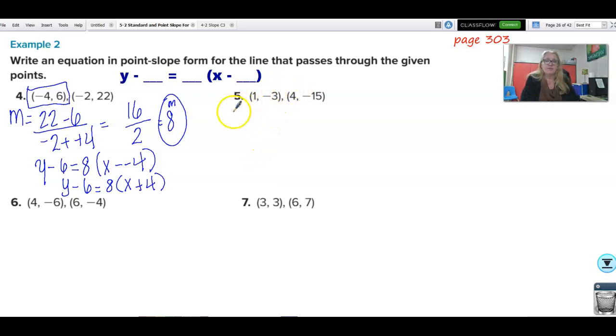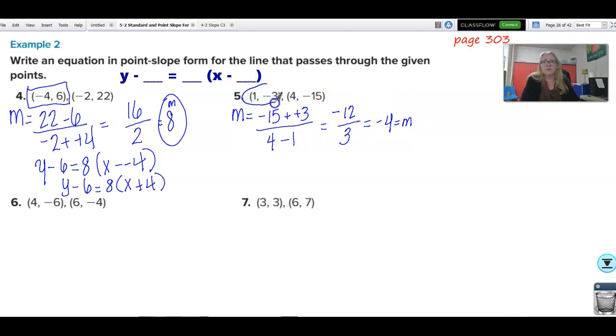Number 5, again, we have to find slope first. So second y minus the first y over second x minus the first x. Keep, change. So that gives me -12 over 3, which reduces to -4 slope.